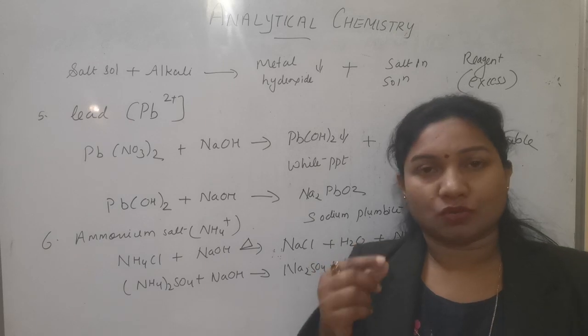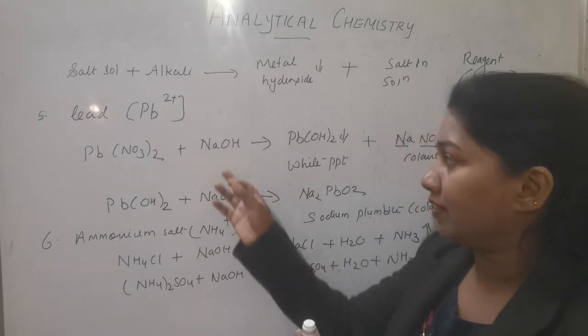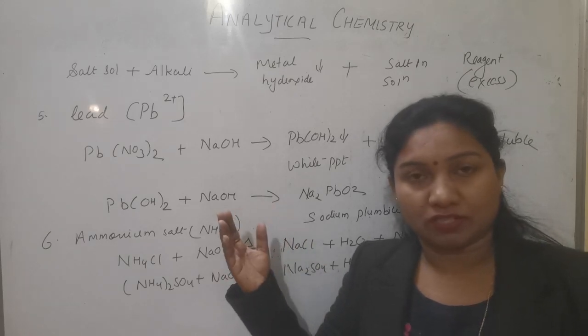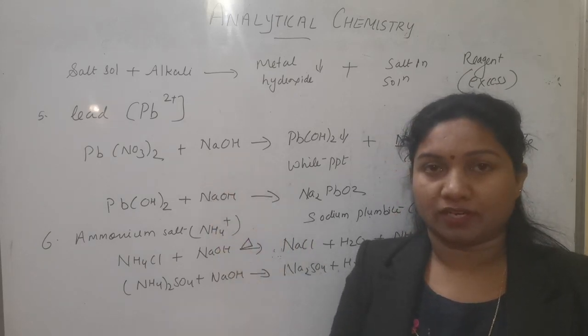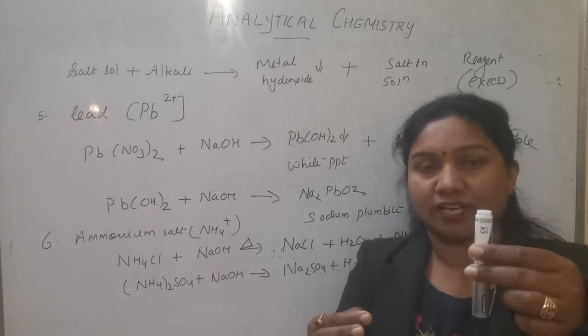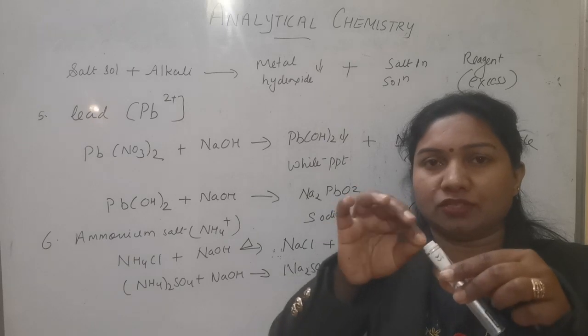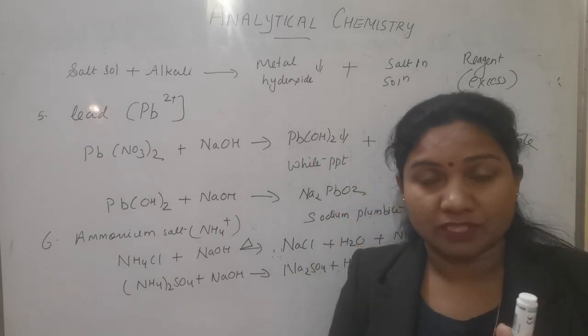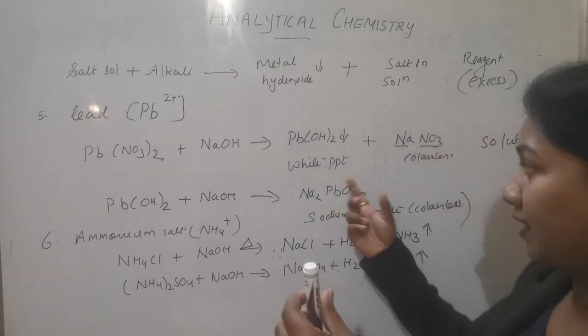So we got salt solution in the test tube, then we have added reagent. What reagent in this case? We have used caustic soda or sodium hydroxide, and we added, first we have to add drop by drop, and suppose this is the test tube, you have to put the reagent drop by drop and observe the precipitate. And you have to observe the color of the precipitate, what colored precipitate you are getting.